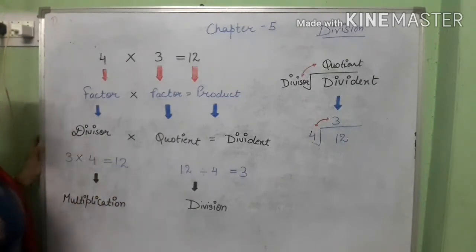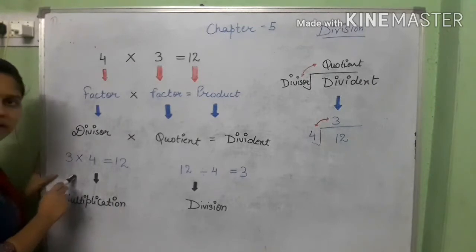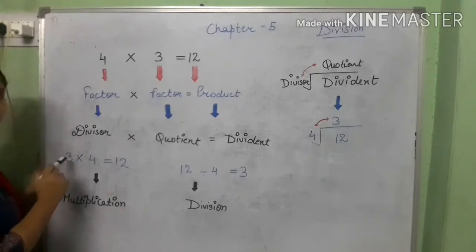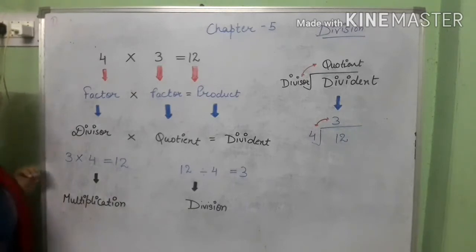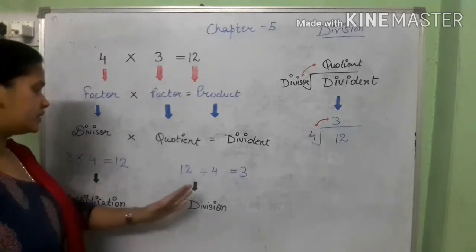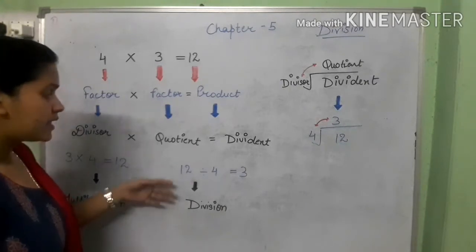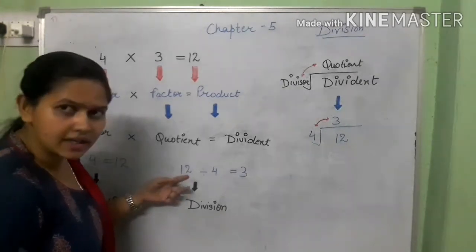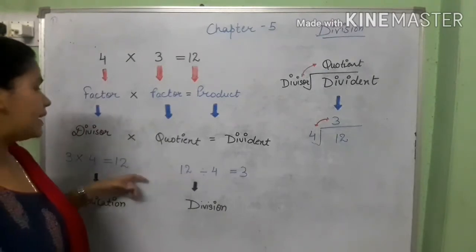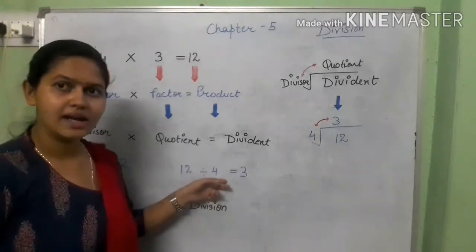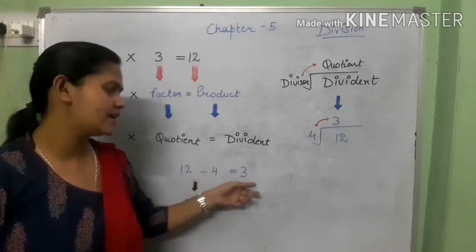Come to another example. When we have a multiplication, we write 3 multiply 4 equal to 12. But in the division, the product is given here, the multiplicand will be here, and the multiplier will be here.